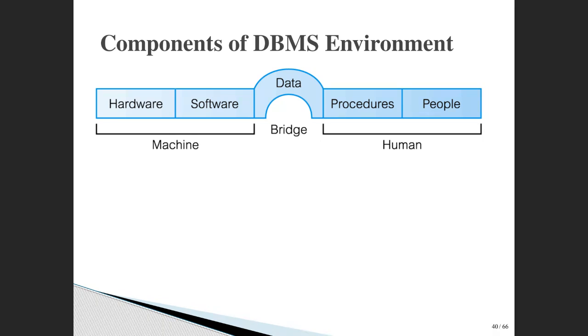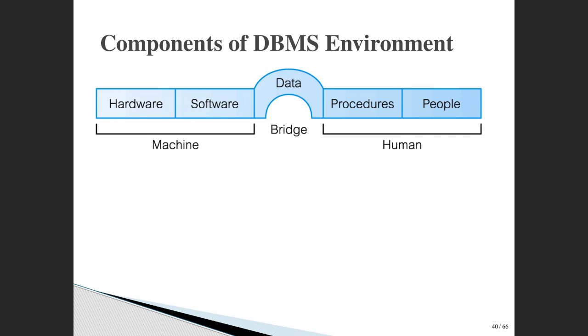Information system includes 5 or 6 main parts: people, procedures, hardware, software, then data, and maybe the sixth part is the internet, or the network. Now this is the same here. The components of the database management system environment will include exactly the same elements.